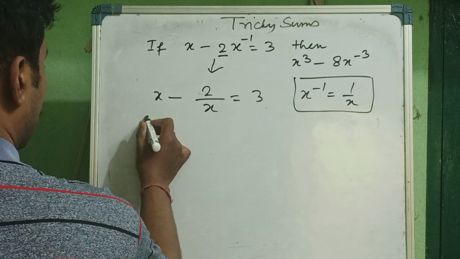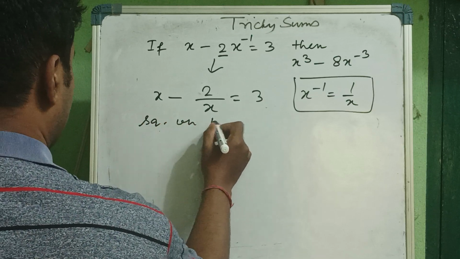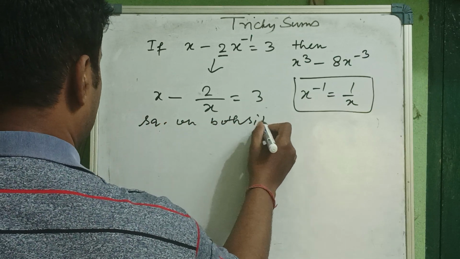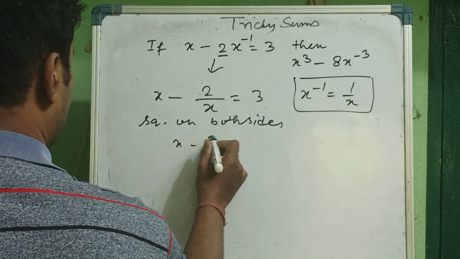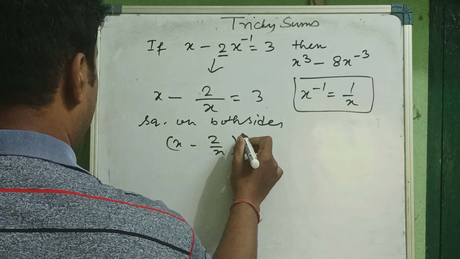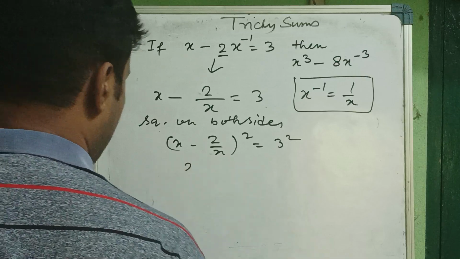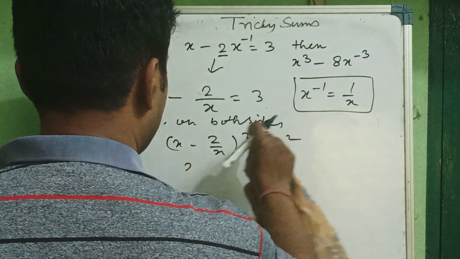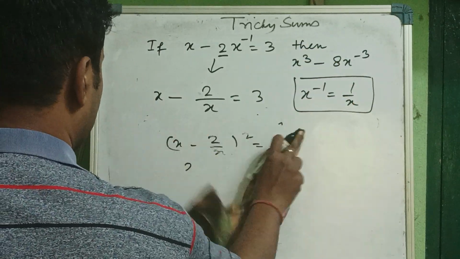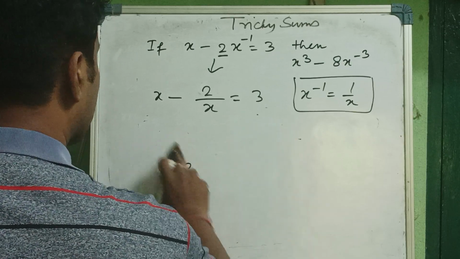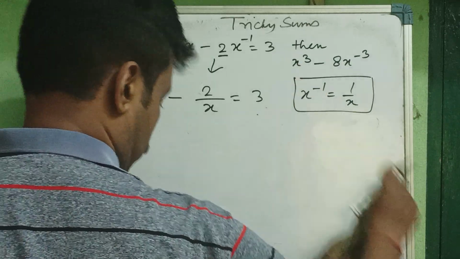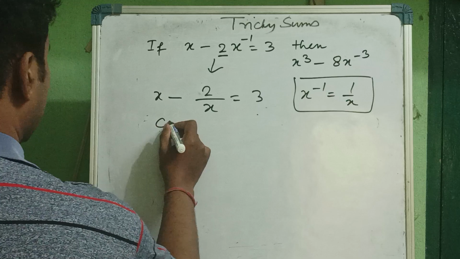Now we require the cubing on both sides, because the question has x cube, so cubing on both sides.